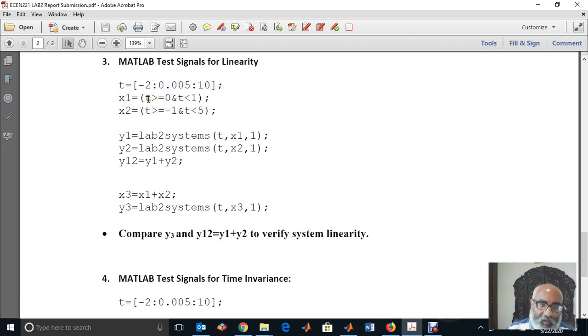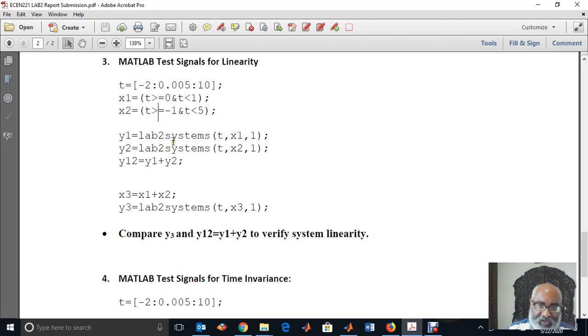Otherwise it will be 0, because this is logic, this is AND, t greater than or equal to 0 and t less than 1. If I give x2 equal to t greater than or equal to -1 and less than 5, then x2 will be 1 between -1 and 5. Otherwise it will be 0. Then I pass x1 through system 1.